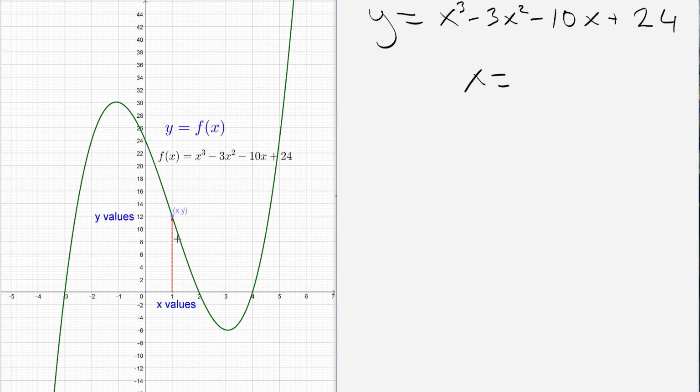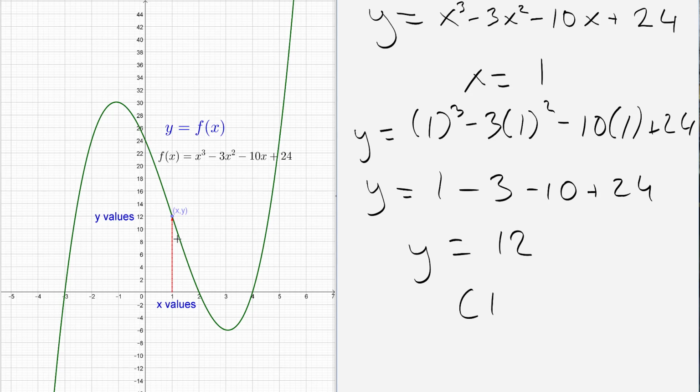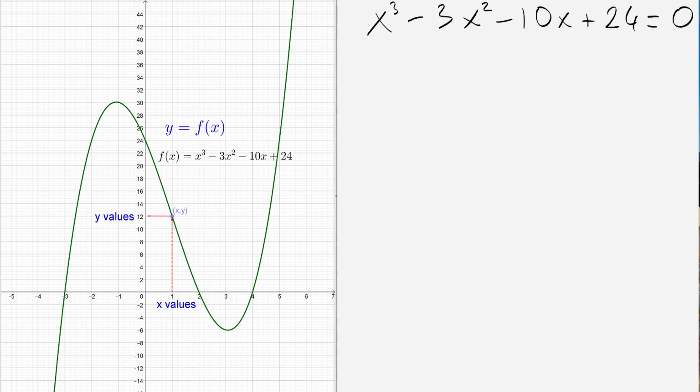So if x is 1, the y value is 1 cubed minus 3 times 1 squared minus 10 times 1 plus 24. So y is going to be 1 minus 3 minus 10 plus 24, so that is going to be 12. So we have the point (1, 12). As you can see here, when the x value is 1, the y value is 12.